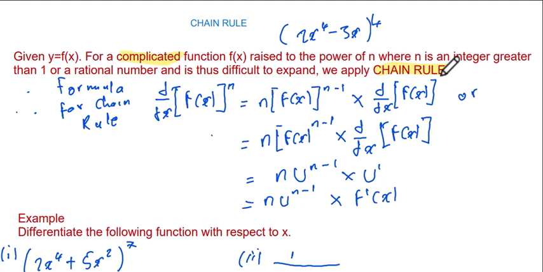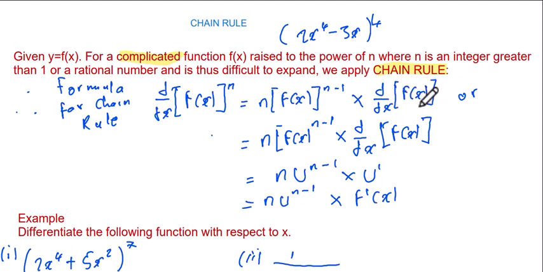So what's the formula for the chain rule? When we are differentiating a function with respect to x, where the function is raised to the power n, when you differentiate, the n is going to come down. What is in the function will be the same, then to the power n minus 1, multiplied by the differentiation of the function.